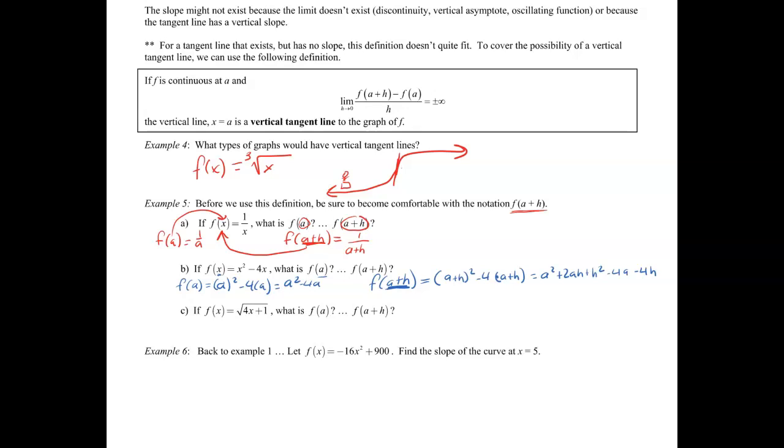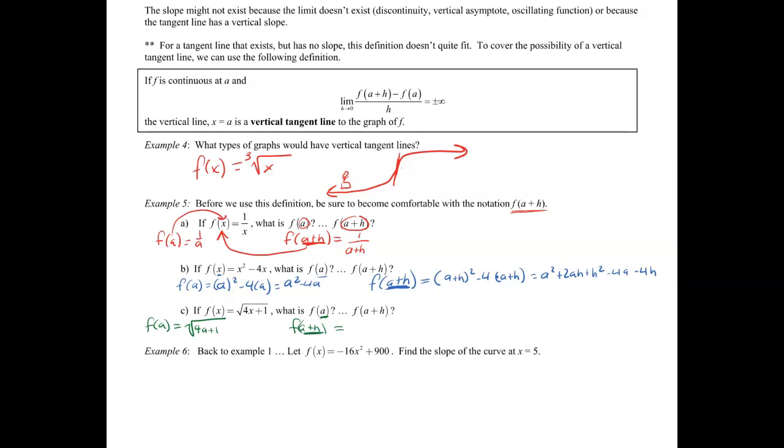And then last but not least, I should have f of x equal to the square root of 4x plus 1. What is f of a? What is f of a plus h? Again, replace your x with a to get f of a. So I should get the square root of 4a plus 1. f of a plus h should give me, I replace x with the entire quantity of a plus h.